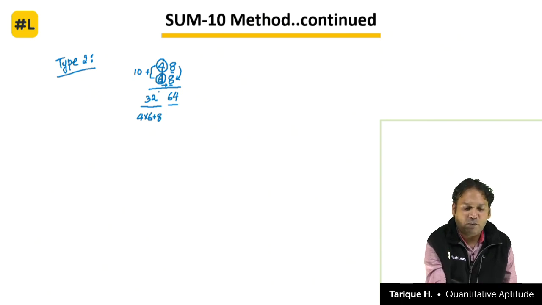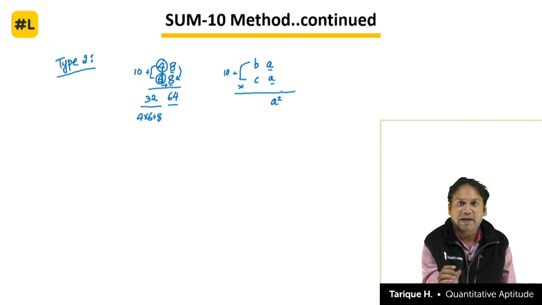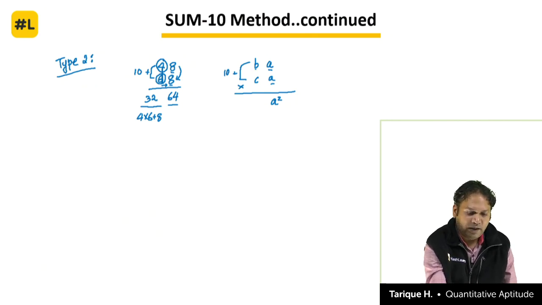I will show you with the formula itself, don't worry. BA into CA, where the left hand side digits are adding up to 10 and the right hand side digits are the same. So we get A square. That is the first part, A square.